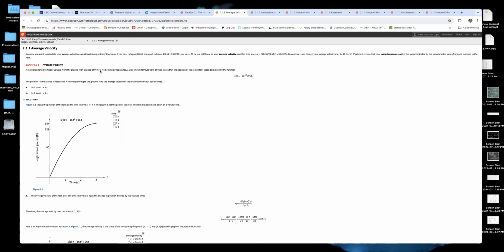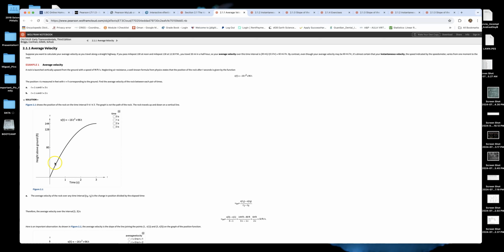The formula that gives you the height of the rock as the travel time progresses is given by this quadratic equation. As you can see, the leading coefficient is negative.